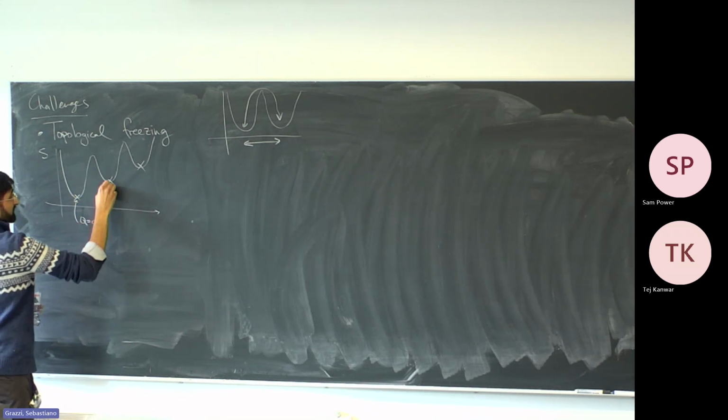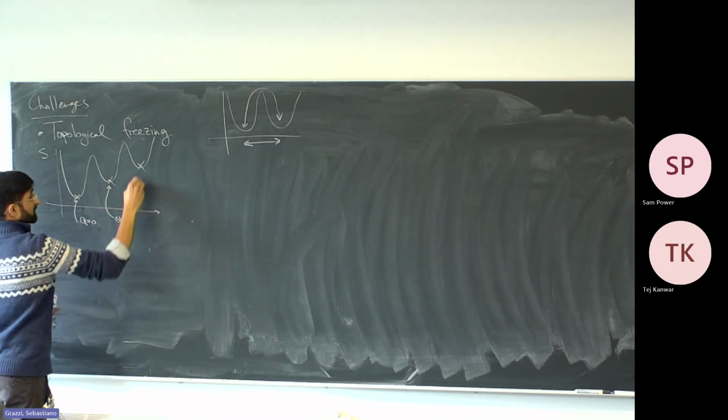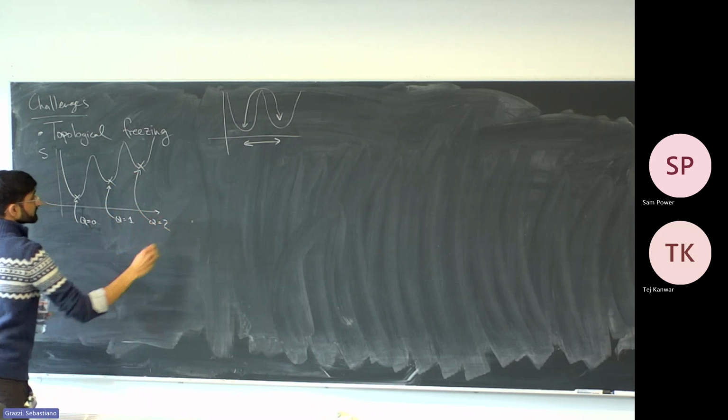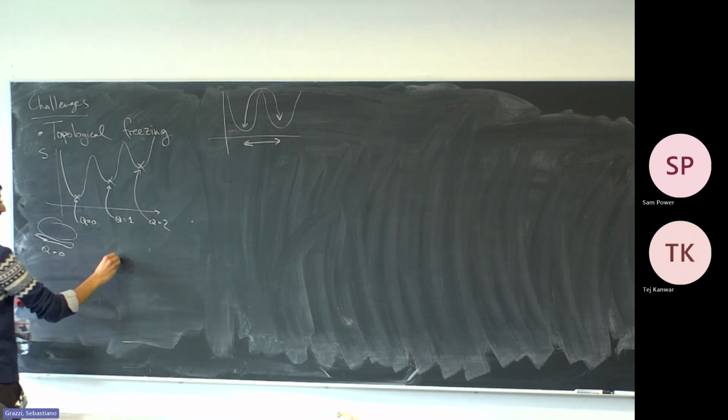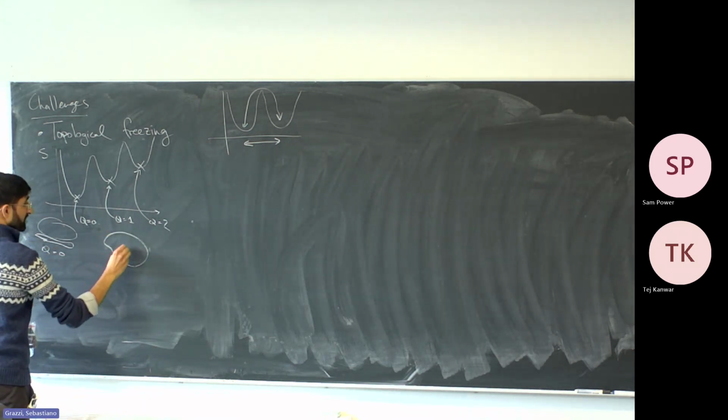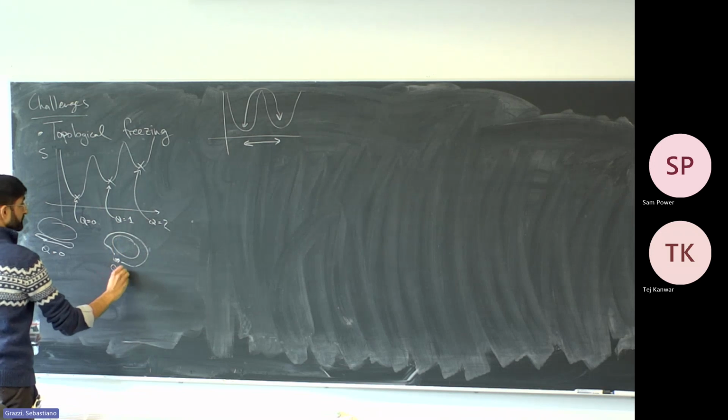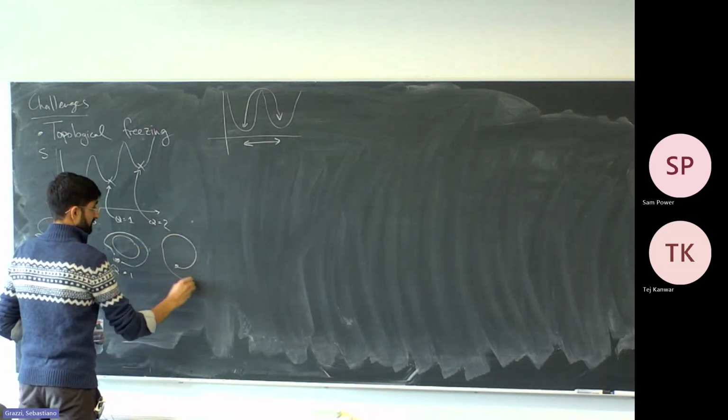So I can denote this winding number by Q. And the idea is this is really some kind of high dimensional winding, very akin to what you'd imagine for, say, a string winding around a cylinder or a string winding around a circle. So you could have a string that doesn't wrap around a circle at all. This is some Q equals 0. You could have a string that wraps once around a circle, etc., right?